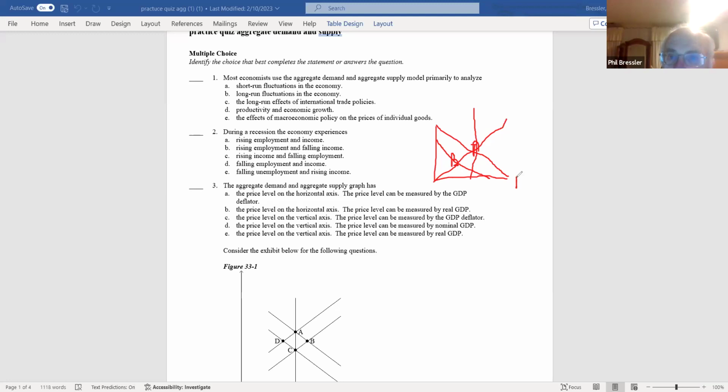Remember, our GDP, income, output, all move in the same direction. Going from A to B, output decreases, income decreases, and employment decreases. So falling employment and income. Again, remember the real GDP, income, and employment all are the same.